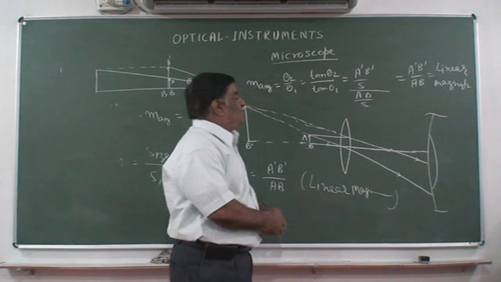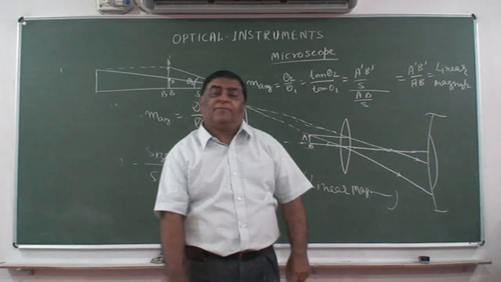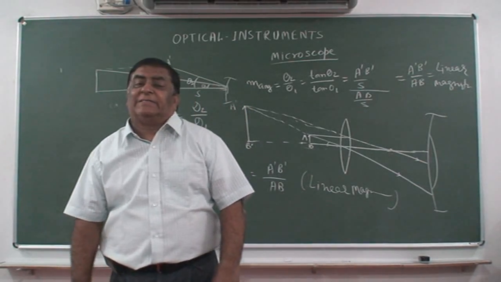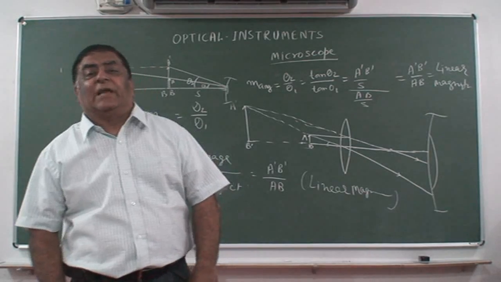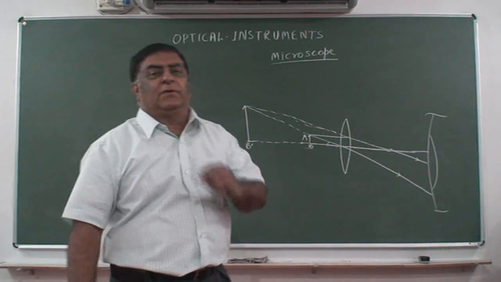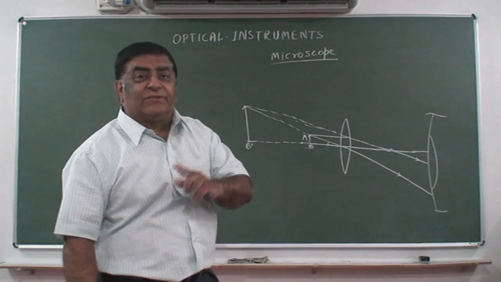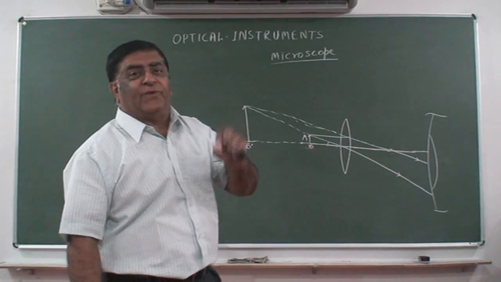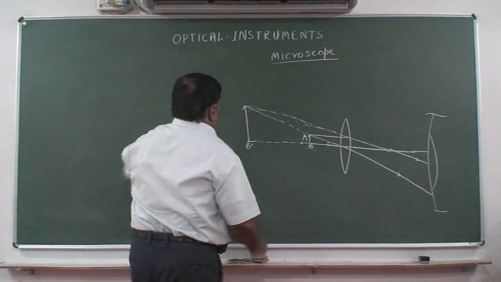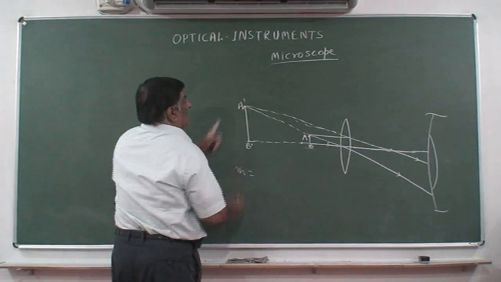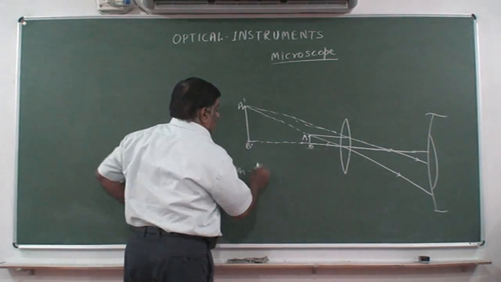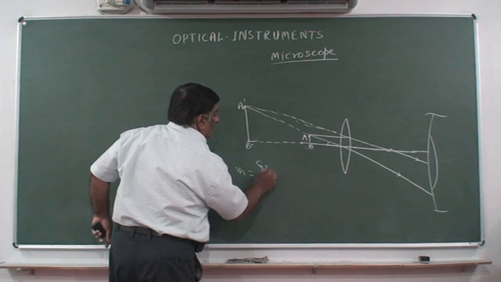And now we come to the calculation of magnification by a simple microscope. Another calculation of magnification, which is related to focal length. V and U is here. We know that magnification is size of image divided by size of object.